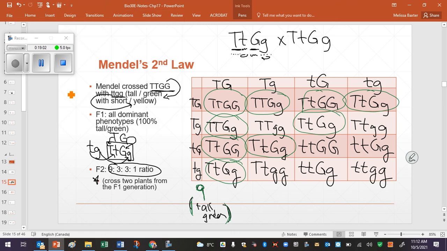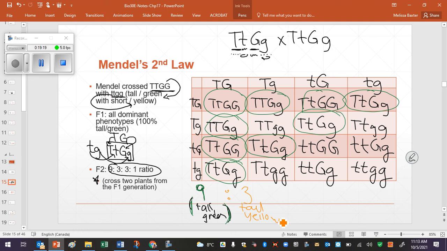Now the next possibility, the next number in the ratio, are plants that have one dominant and one recessive trait. So I should find 3 plants that are tall but that are yellow.